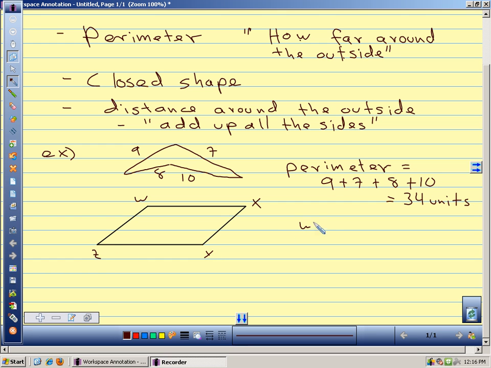And we know that WXYZ is a parallelogram. And this side is 7, and this side is 11. How do we figure out the perimeter of this parallelogram?